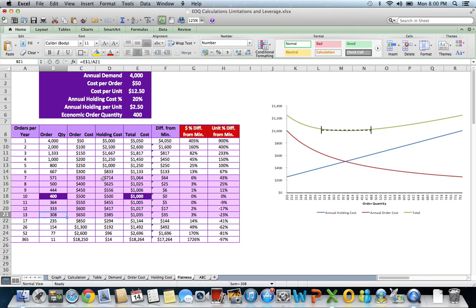The way you can leverage this is you find whatever works best for your supplier. Say your supplier sells in packs of 500, just buy 500, or 300, or even 600 or 200.